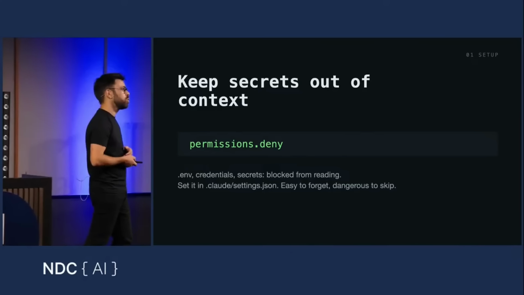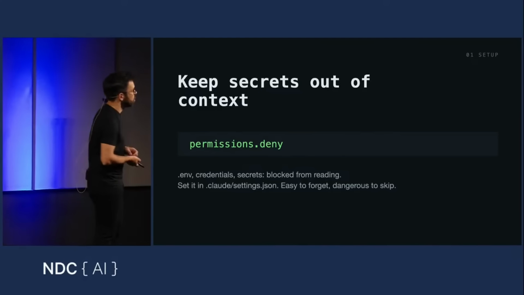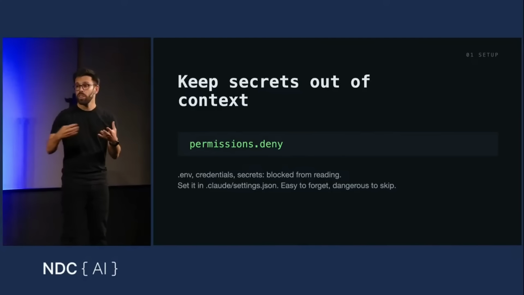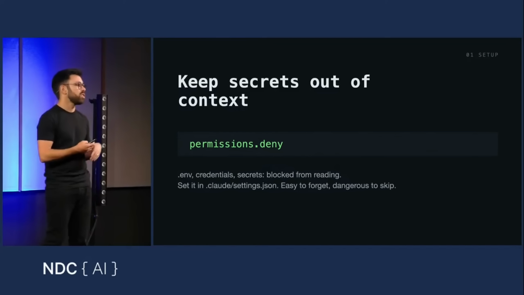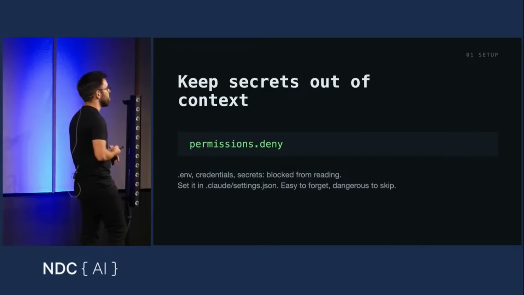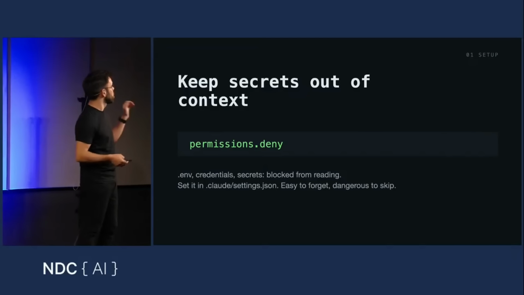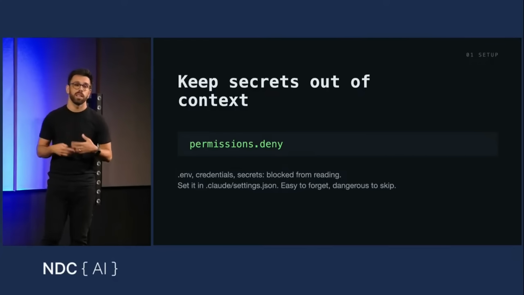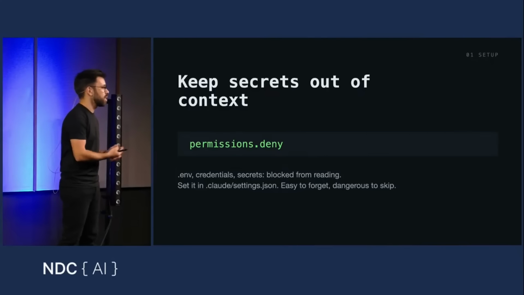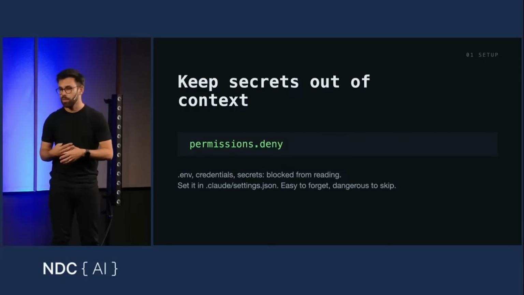So what you should do after this session is to go to your project where you work with your team, create a file named settings.json inside of your .claude folder, and there you have a JSON where you say permission deny. And there you can put a deny to read files like environment files, app settings files, all of those types of files.